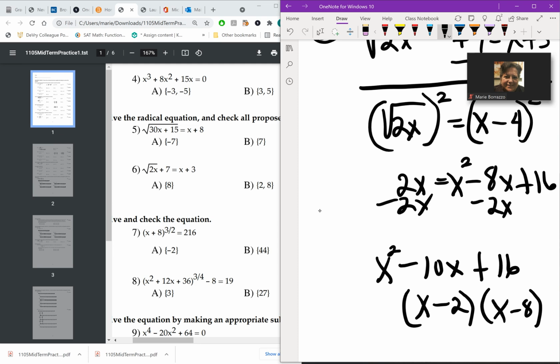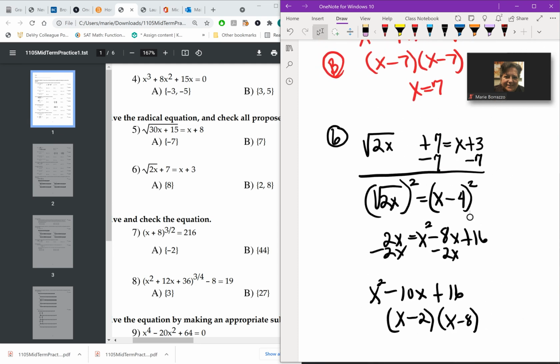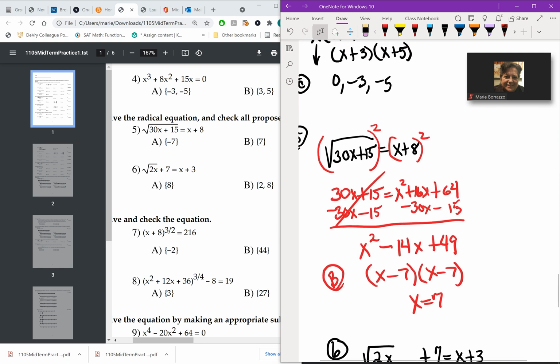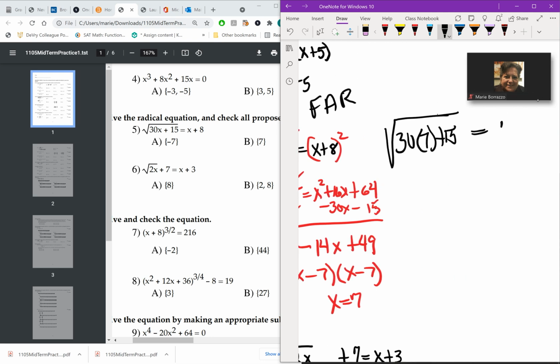Now, I want to stop for a second because I want you to realize that in question 5, I didn't go back and check the 7, which, bad on me for not showing you the example, but it has a radical. Remember, if I have a fraction, an absolute value, or a radical, I have to check. So I have to see that the square root of 30 times 7 plus 15 will be equivalent to 7 plus 8, which is 15.